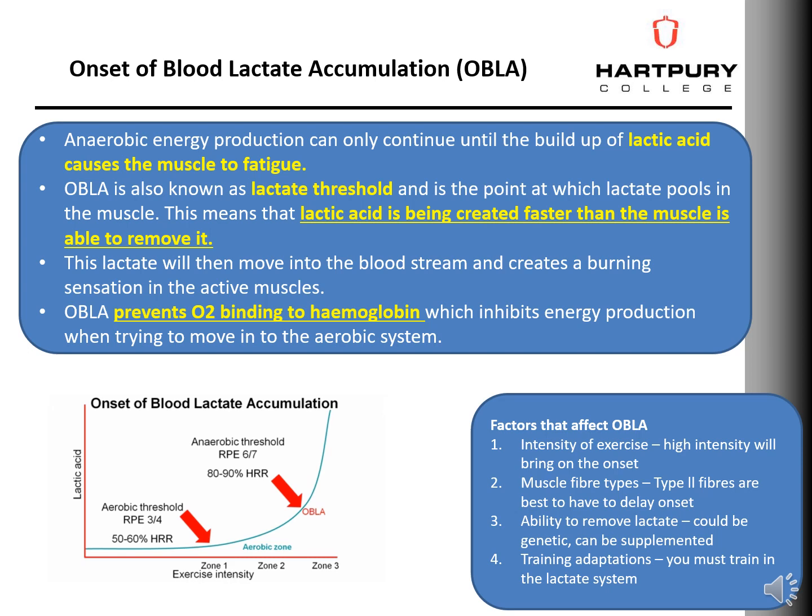Muscle fiber types, so if we've got type 2 muscle fibers, they're the best to have to delay this onset of blood lactate accumulation. The ability to remove lactate, obviously the better you are at removing lactate, the less likely you are to suffer from the buildup, okay? Training adaptation, so if you train your lactate system, you can delay the onset of blood lactate accumulation as well.